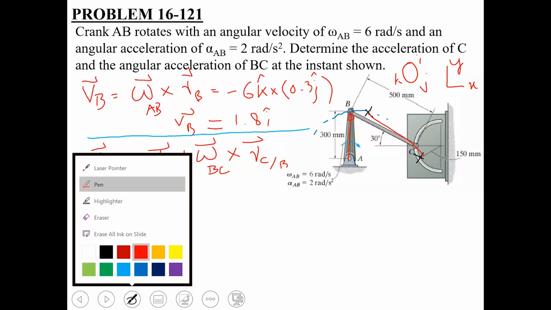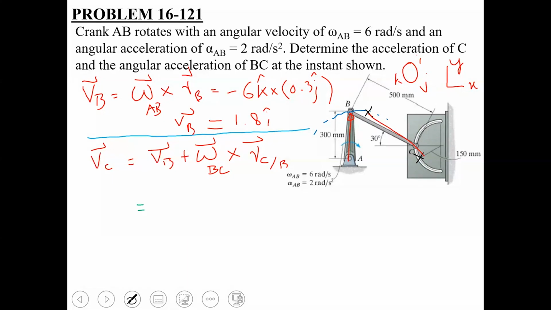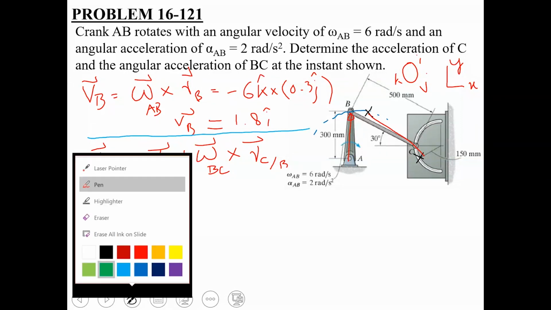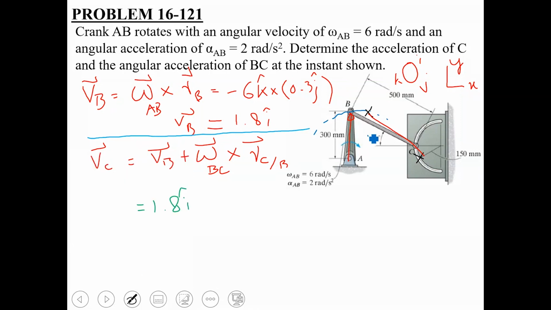Sir, clockwise. Counterclockwise. Try again. Counterclockwise, sir. Okay, look from this direction a little more. Clockwise. It is clockwise. No, sir, counterclockwise. It is clockwise, but let us do one thing. Let us assume it in a counterclockwise direction.